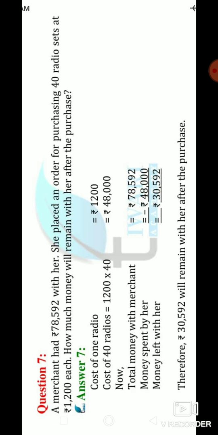So here you have to calculate the money that will remain with her after the purchase. You have to calculate the amount that will remain with her after the purchase.